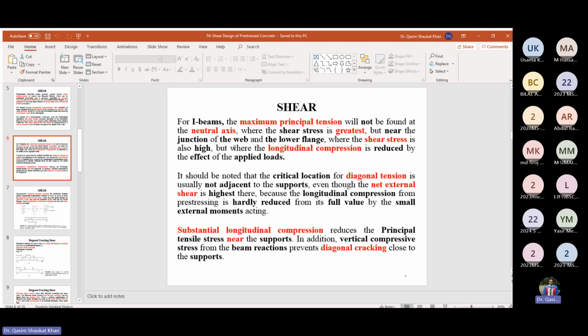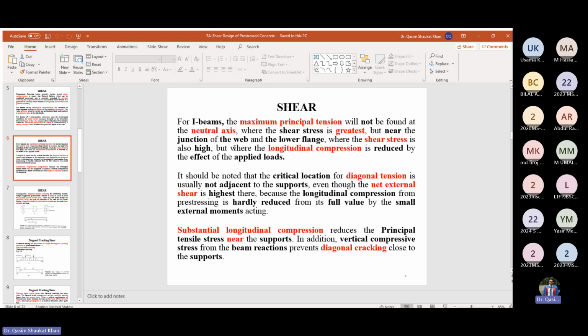Now, if you just keep one thing in mind, in case of sagging, you have tension at the bottom and compression at the top. In case of hog, which is basically your negative camber, you have tension at the top and compression at the bottom. So for I-shaped beams, the maximum principal tension will not be found at the neutral axis.